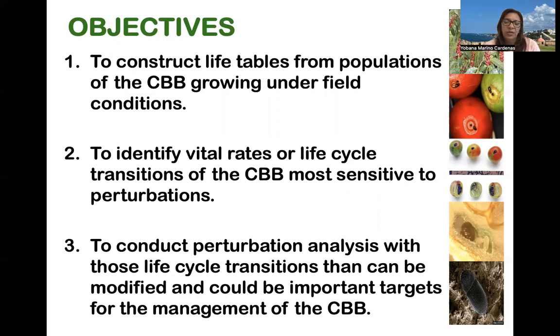This means that the population is decreasing over time. And to conduct this perturbation analysis, we only modify or reduce the values of the probabilities of each life cycle transition until the point that, as mentioned before, the value of population growth rate is less than 1.